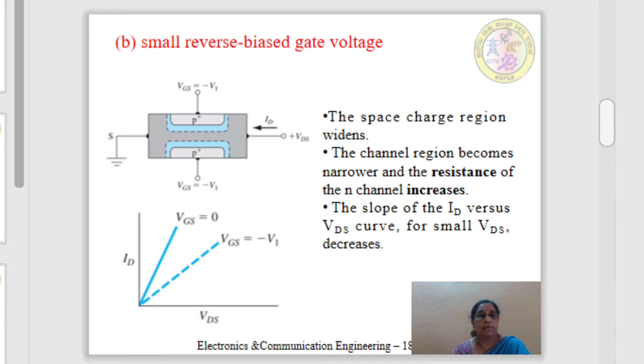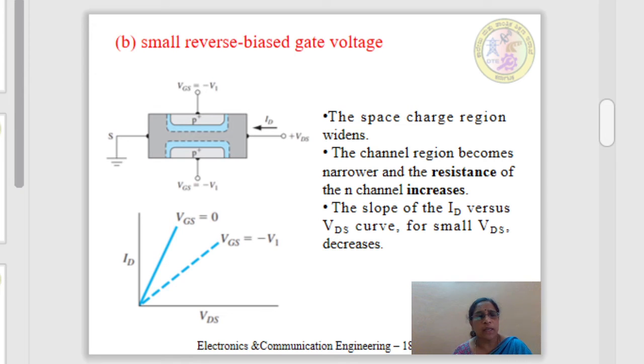But now in this case, when the reverse bias gate voltage is increased from 0 to a value called minus V1 volts, the width of the space charge region has increased. Because of this, the available channel area for conduction is reduced. So it is nothing but an increment in the resistance value. A lot of resistance is offered to the carriers, so the rate of rise of drain current is limited. This is evident from the graph also.